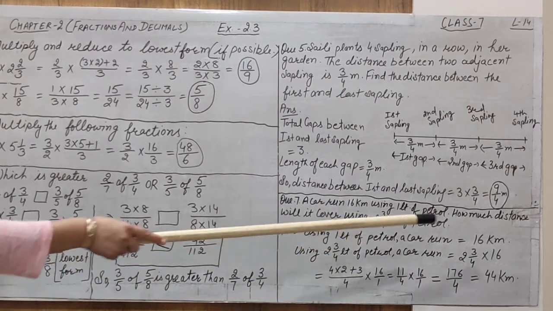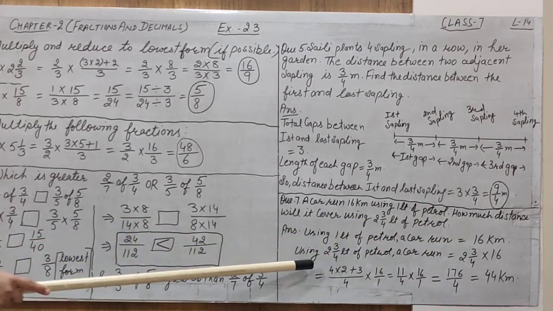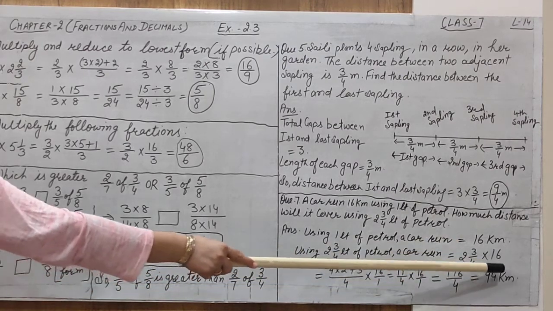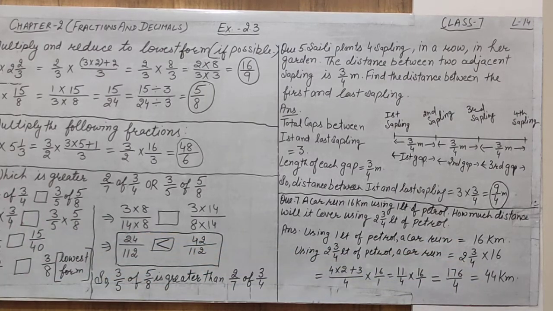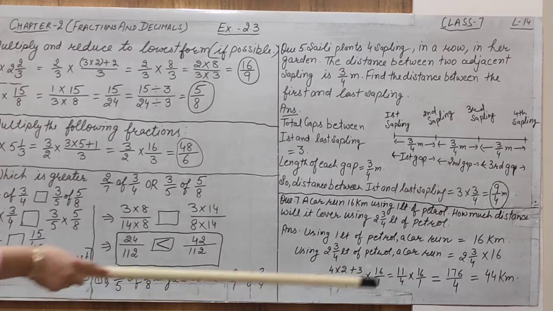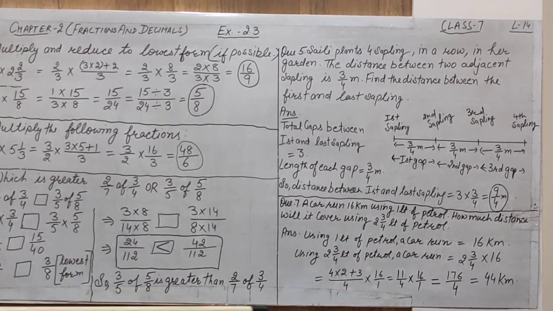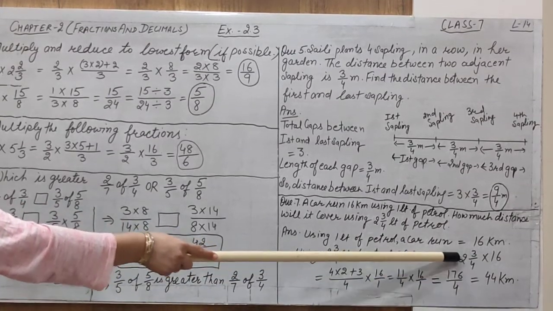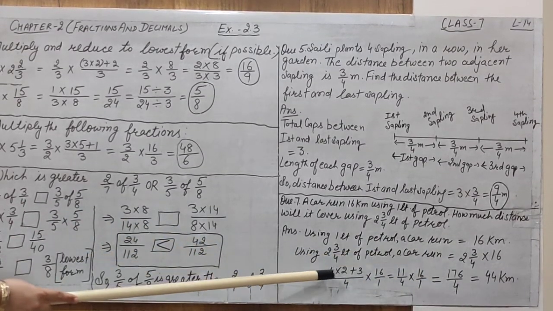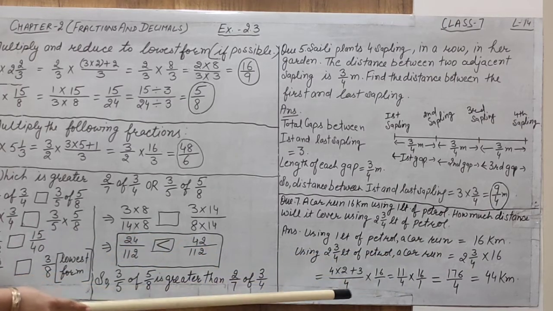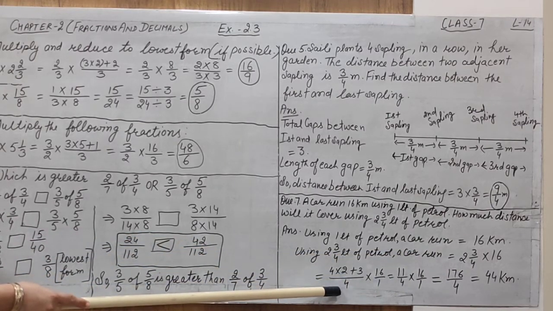For 1 liter 16 kilometers, for 2 3 by 4 liters, 2 3 by 4 into 16. So what do we get? This is a mixed fraction. Again, simplify the mixed fraction. The denominator is multiplied with the whole part, that is 4 multiplied by 2, plus the numerator, that is 3 divided by 4.